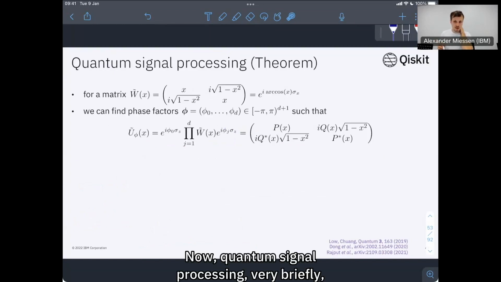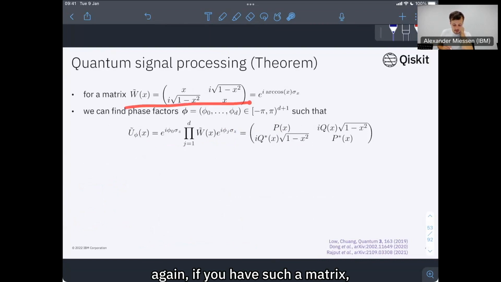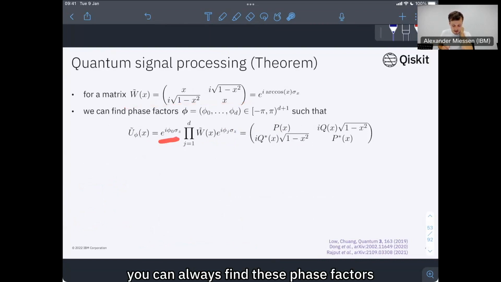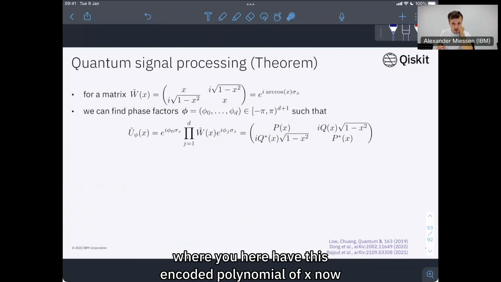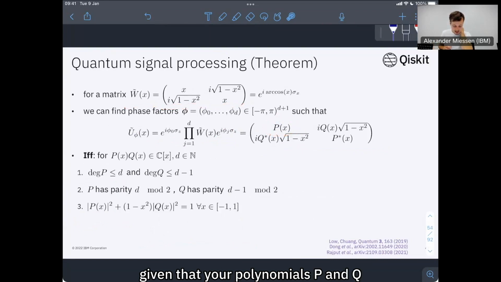Now, quantum signal processing, very briefly again: if you have such a matrix, you can always find these phase factors to transform this matrix into this matrix, where you have this encoded polynomial of x, given that your polynomials P and Q satisfy these three requirements, okay?